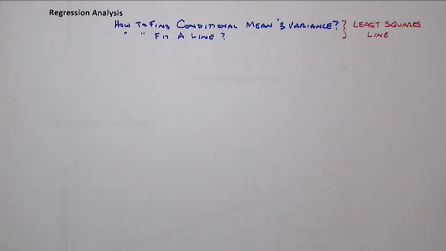There's a more general topic of regression analysis, but we're going to focus on the least squares line that we might use to not only fit a line, but to get us the conditional mean, and we'll also talk here about how we end up with the variance as well.